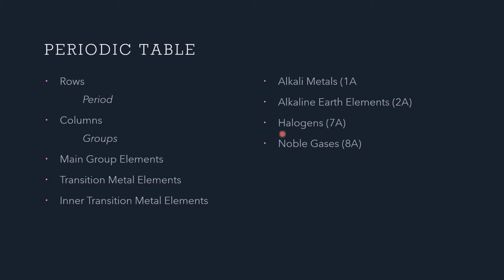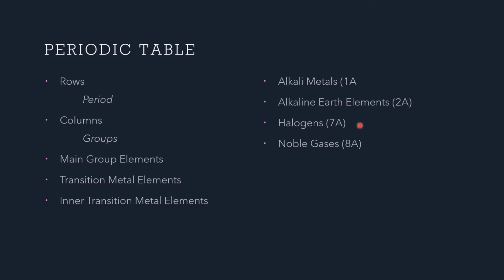Halogens are important because they are found in lots of different types of covalent bonds, which we'll talk about a little bit later. So like fluorine and chlorine and bromine, those are found in a lot of different types of elements that we'll be looking at in our course.